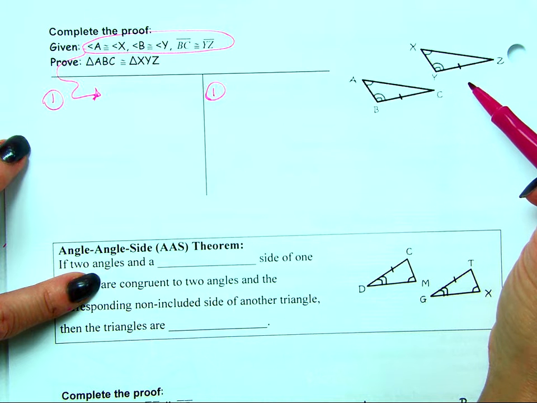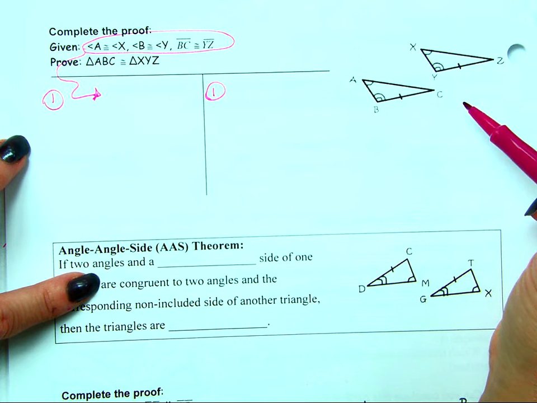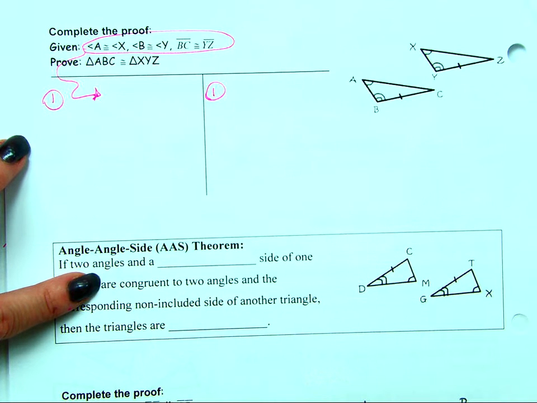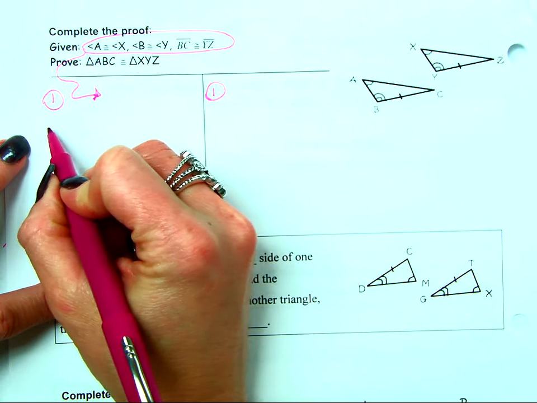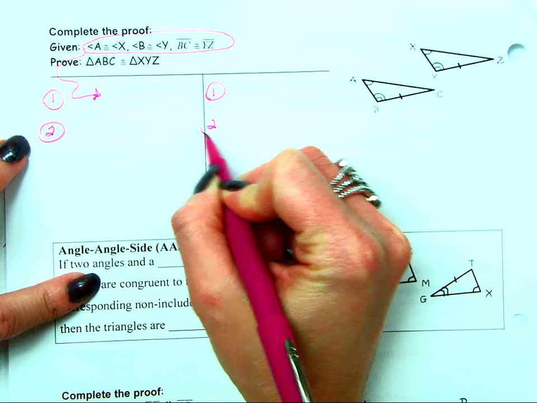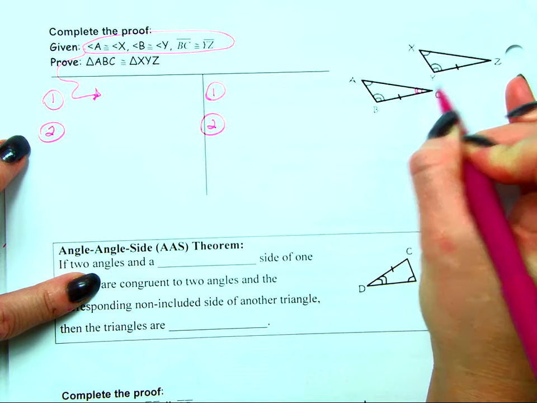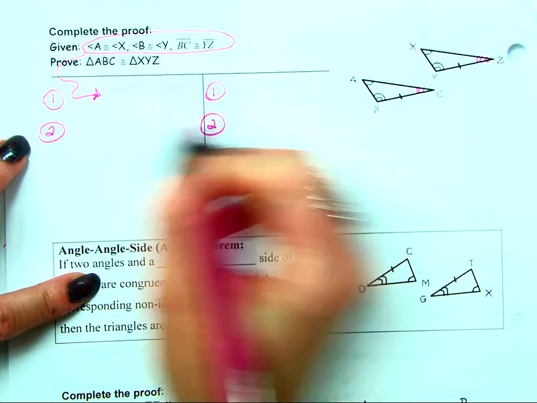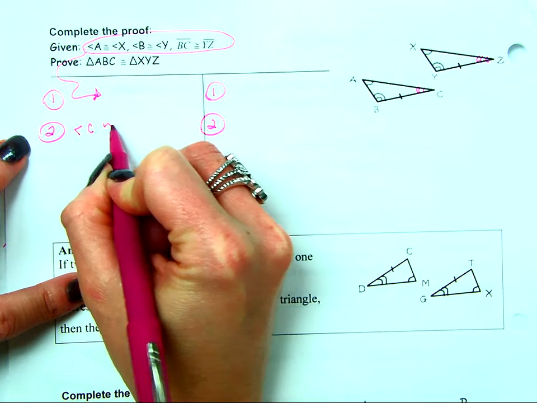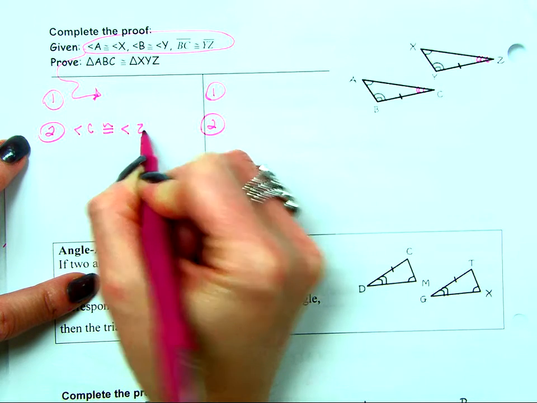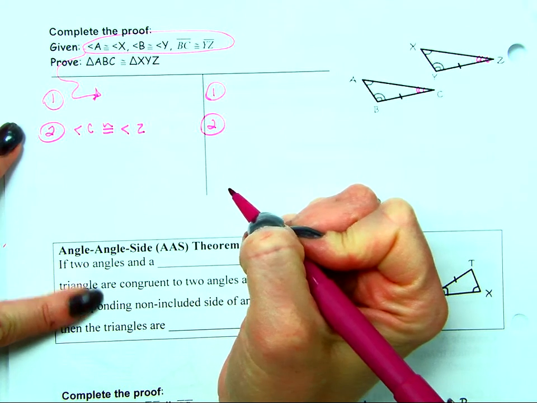As I look at my diagram, I'm trying to decide, is there anything else that I can mark? As far as the side lengths go, there's nothing else that I could mark congruent because I don't have any justification to mark the sides congruent. But I could, in my picture, mark angle C congruent to angle Z. What kind of reason would I give?